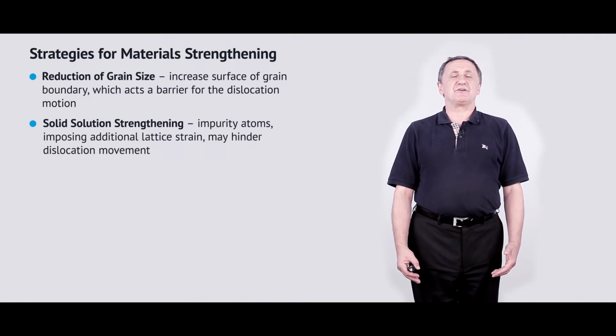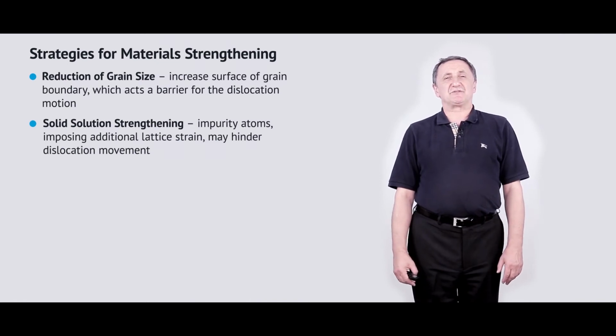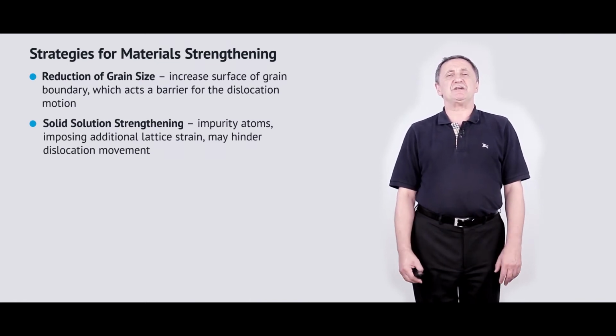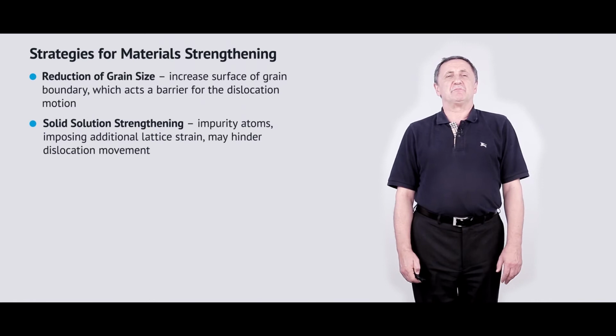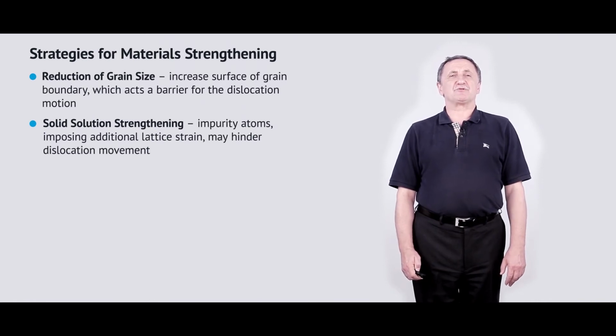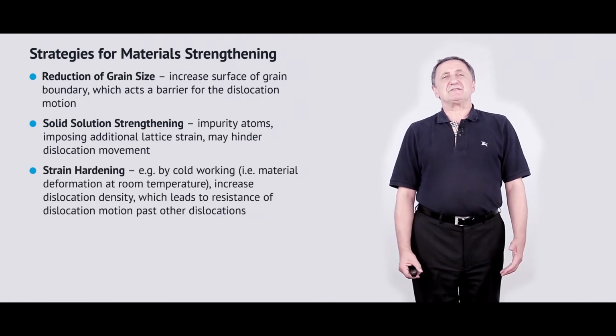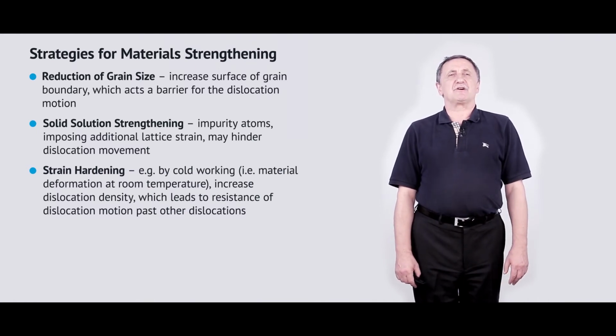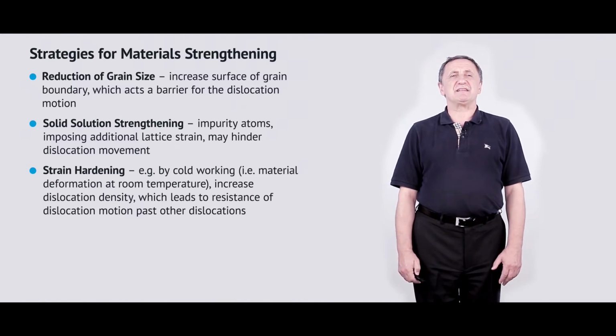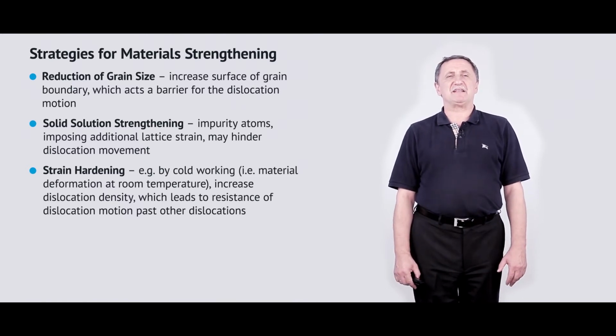On the grain boundaries, we will have the loss of energy because dislocations should change the direction of their motion. As a result, we will make our material much stronger. So these are different strategies for material strengthening, and reduction of grain size is one of the main approaches.